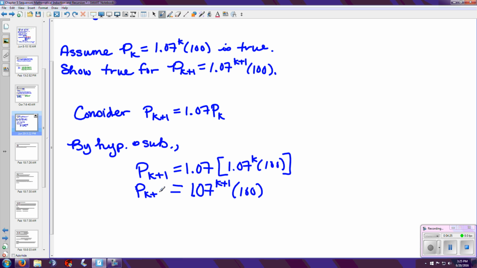Therefore, by mathematical induction, we have proven that this explicit formula works instead of using the recurrence relation.